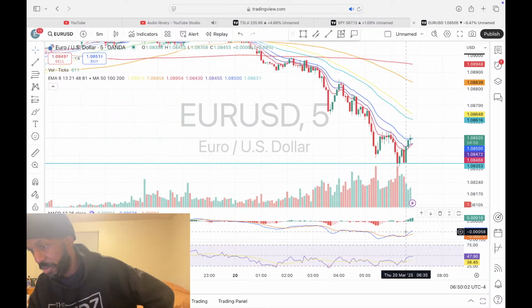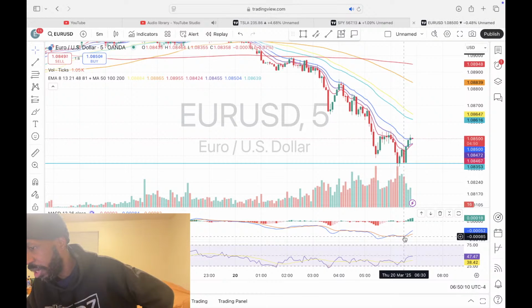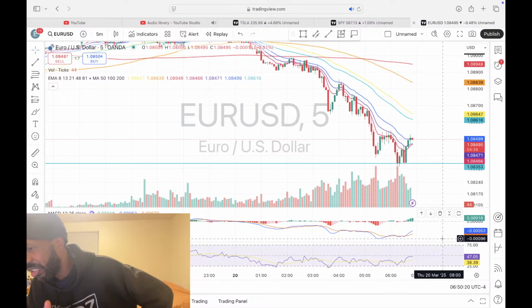Down here we have the MACD, moving average convergence divergence. What does all that mean? I don't know, but the orange line is kind of like, think of it like the anchor line, and then the blue line, which is pointing upwards, that's showing that we have strength in the price right now.